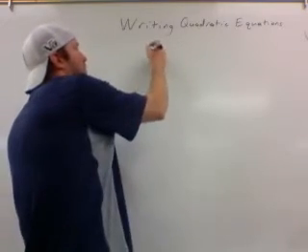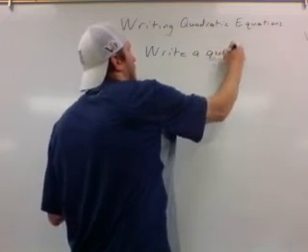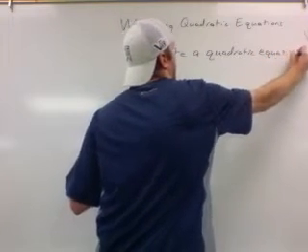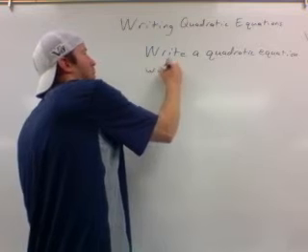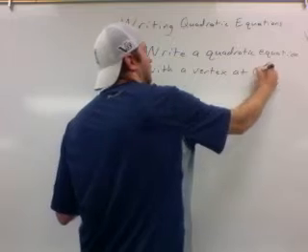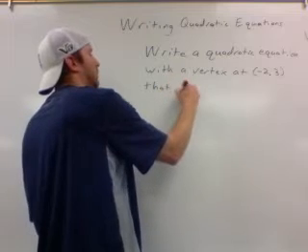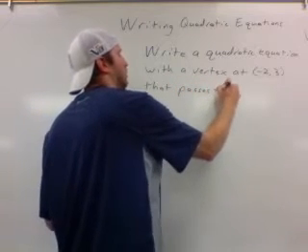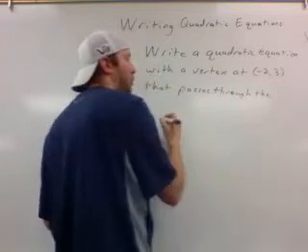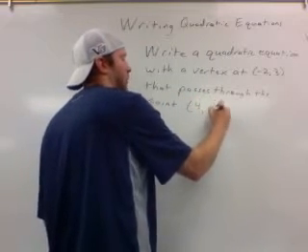All right, so our first example is: write a quadratic equation with a vertex at -2, 3 that passes through the point 4, 6.